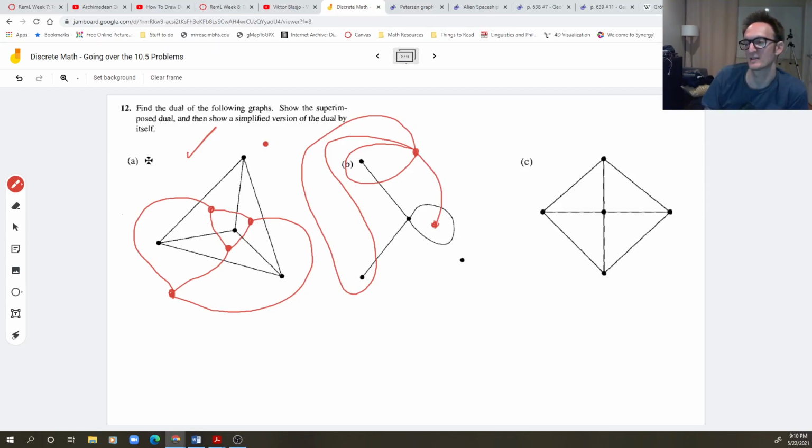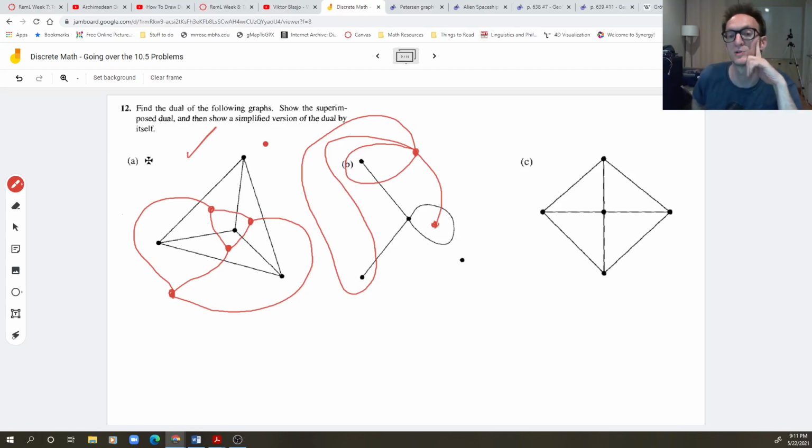And could that just be it? Gotta think for a second. Every region, of which there are 2, becomes a vertex. This graph has 3 edges, so the dual graph now has 3 edges.